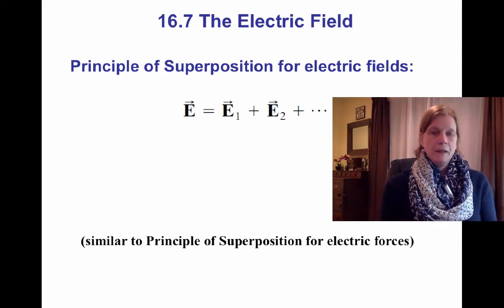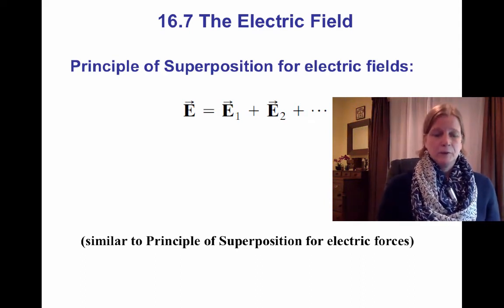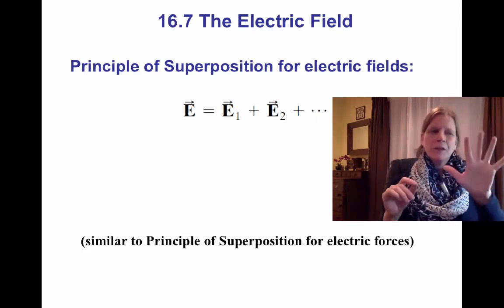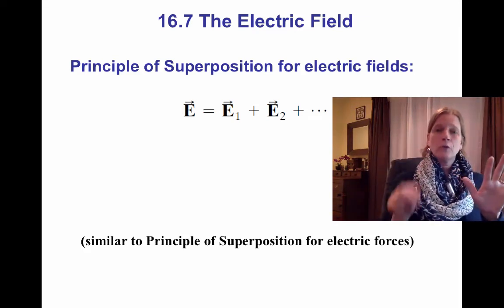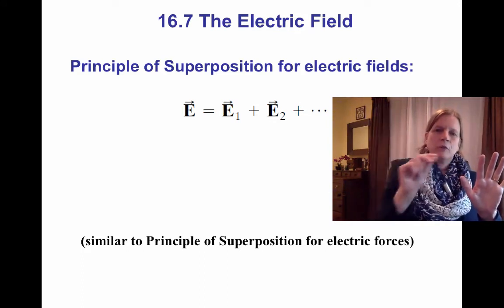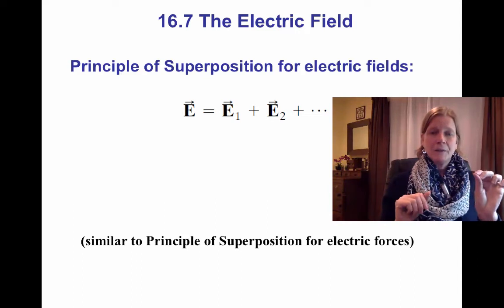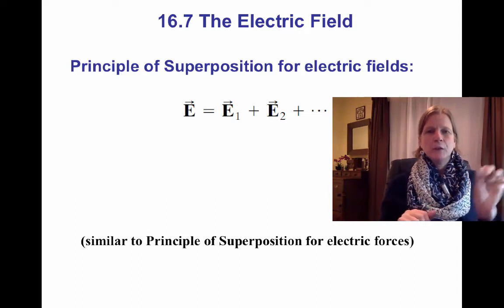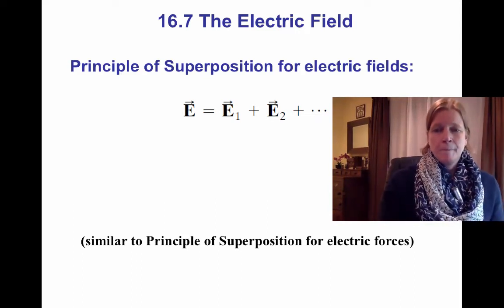So we've done that. You can also do that for electric fields. If you wanted to figure out the strength of the electric field at some point, and there are many charges around, you could figure out the electric field from one charge, add to that the electric field from another, and a third charge, and so on, and you can get then the net electric field at that location. Okay.